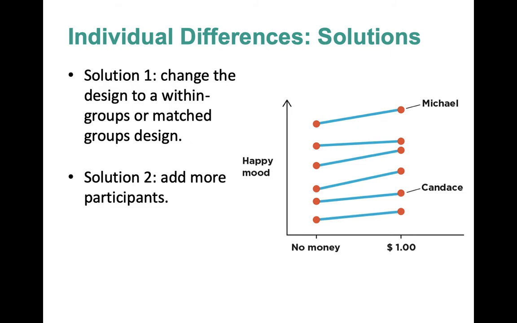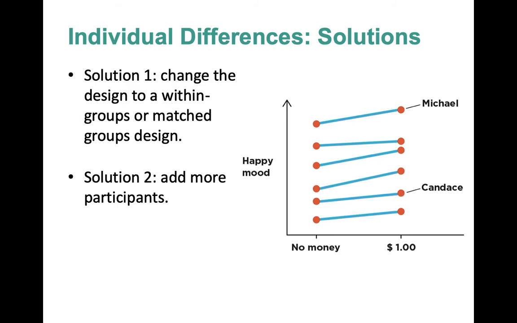So in your sample, you'd have some measure of people's core affect, or dispositional tendency to feel happy or sad. And for each person in your no money group, you would match them with somebody in your money group. So Michael, in the matched groups design, would be paired with whoever the dispositionally most happy person is in the other condition. So that's one thing that you can do to control for individual differences.